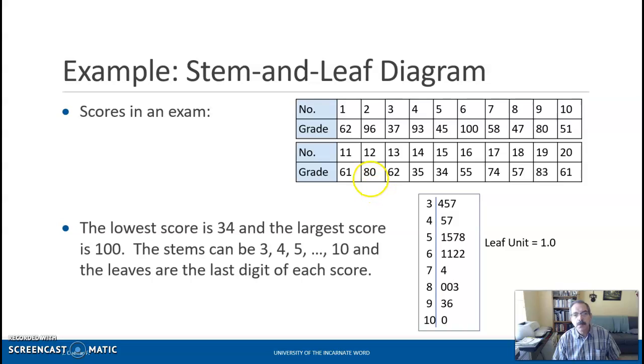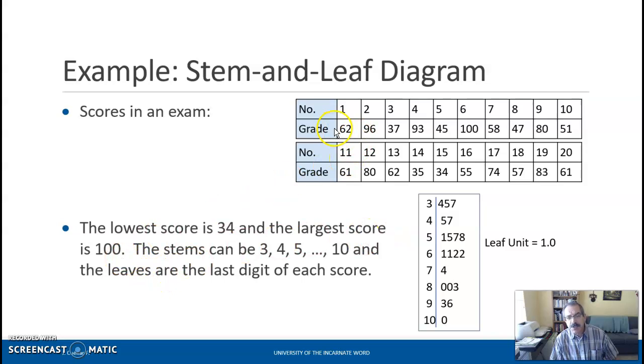Here's another example, similar to one we looked at. Here are the scores in an exam of 20 different students, the actual score that they obtained on the exam. By scanning the data you can see that the lowest score is 34 and the largest score is 100.